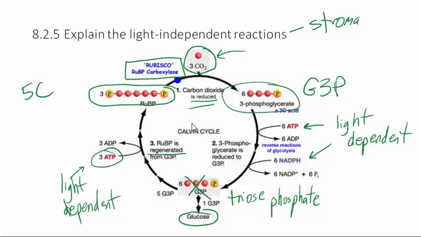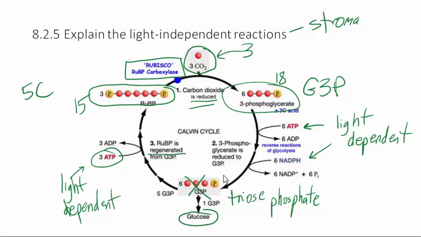An easy way to remember this is to remember the math. There are 15 carbons here because there's 3 RuBPs and an RuBP is a 5 carbon molecule. So 3 times 5 is 15. You're adding 3 more carbons here, so that's 18. And you still have 18 at this step because it's 6 G3Ps. And that's 18 carbons total.